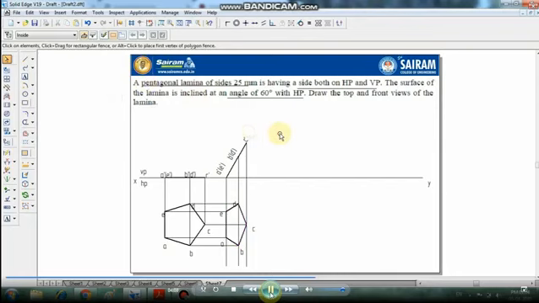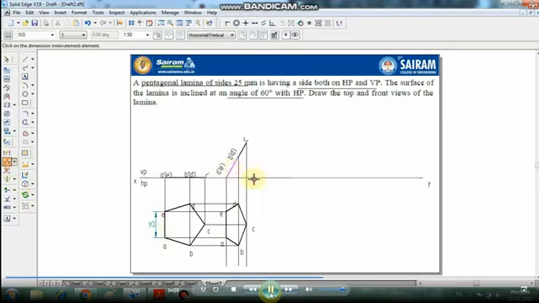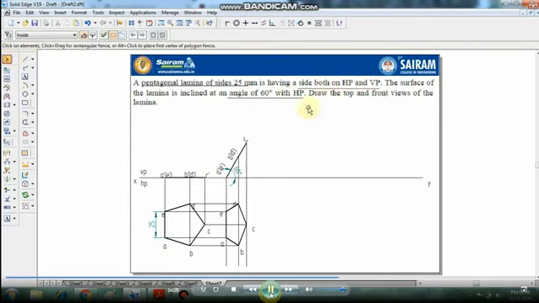This is the top view after the inclination, and we can make the dimension, check it, 25, and the angle of inclination to HP is 60 degrees. Now the lamina rests with a side on both HP and VP. So we have to move this and keep the side EA on the reference line.